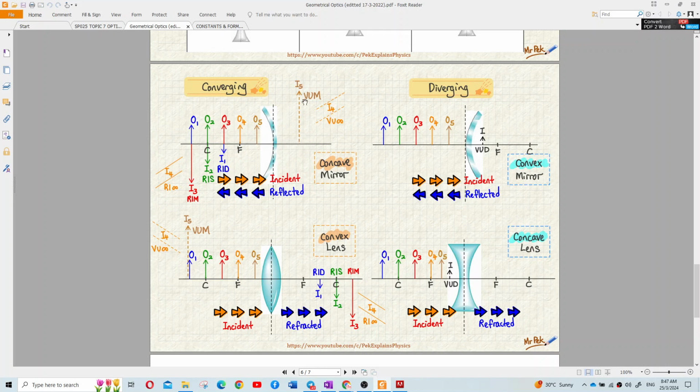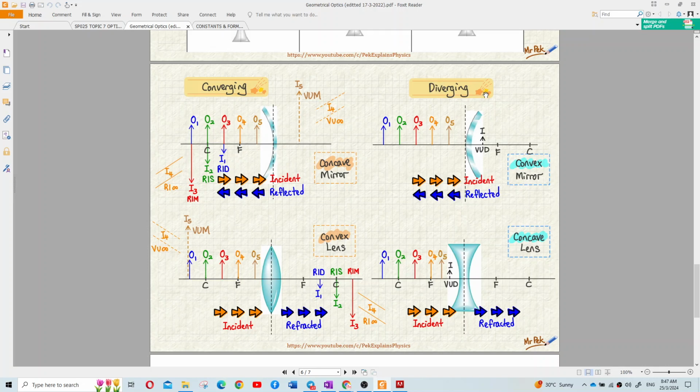But for lens, the virtual image is at the front side, because at the front side consider no light because the light already go to the other side. So here at the front there's no light, so for lens, virtual image at the front, for mirror, virtual image at the back. Do you see the difference, class? You must know, you must see the difference.